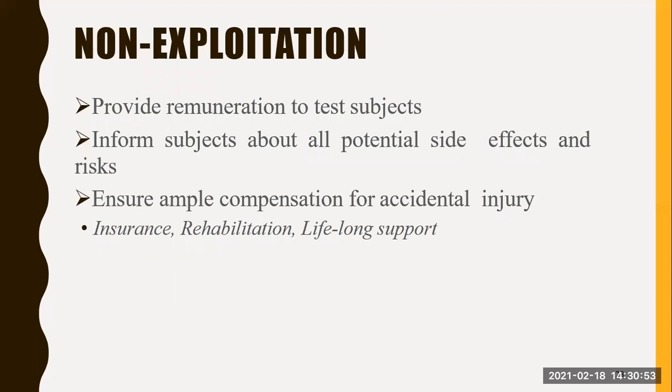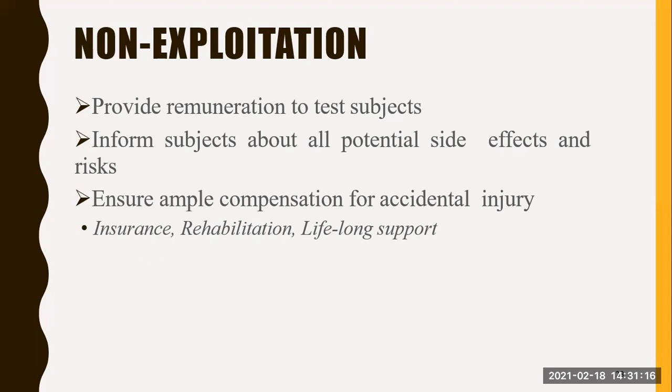So whoever is participating in the clinical trials must have some backing in order to take part in the clinical trials. That means if anything happens to them, something should be there to back them up financially. So insurance can be taken out for such volunteers.